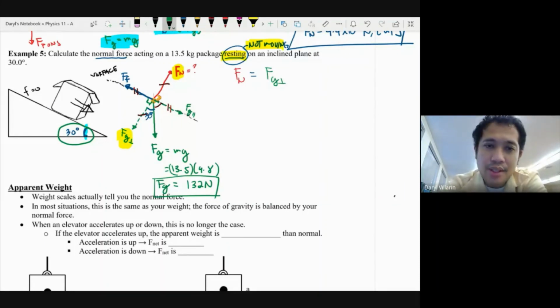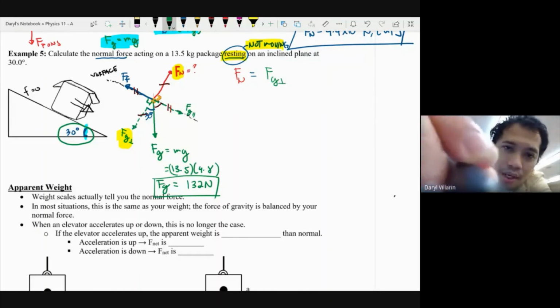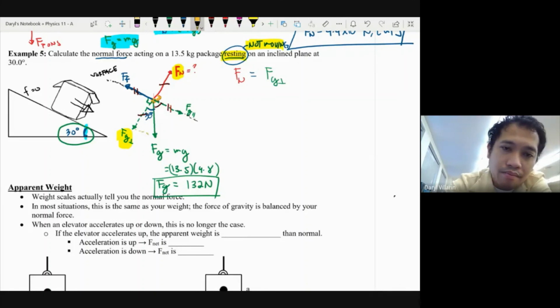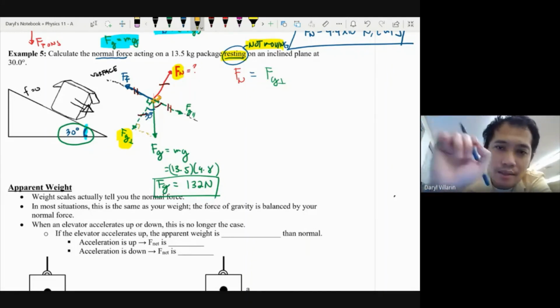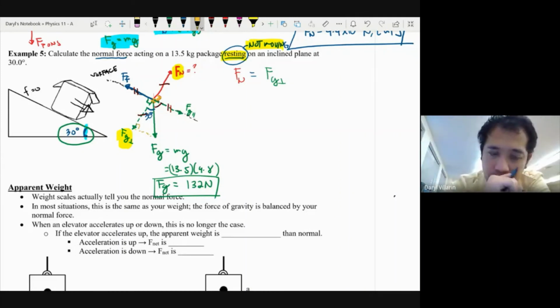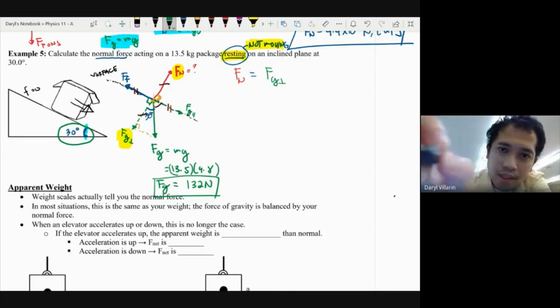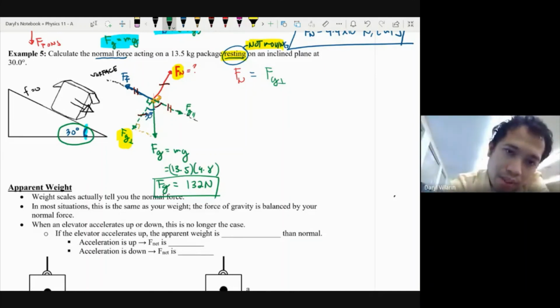You can create a right triangle from that angle, so you can use trig ratios to get the perpendicular component of your weight. That perpendicular component is the adjacent side of the angle.